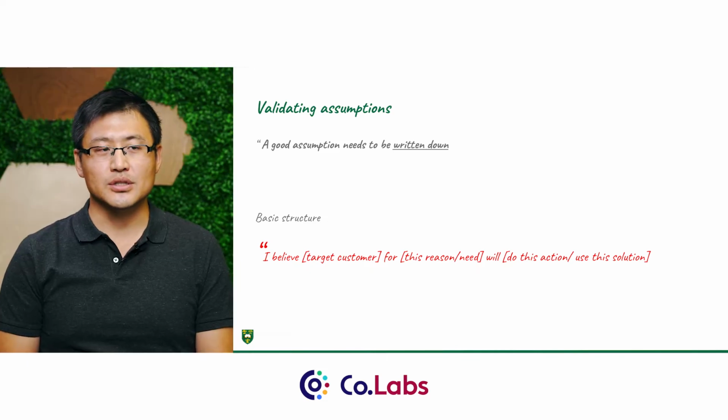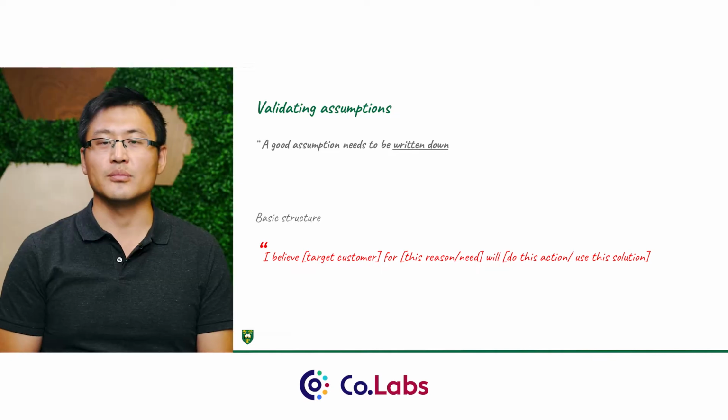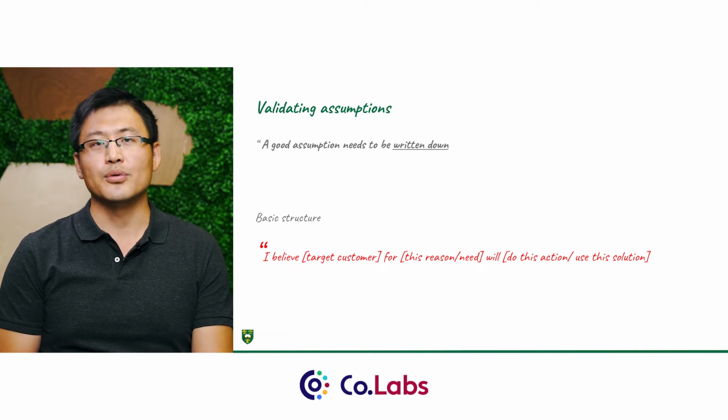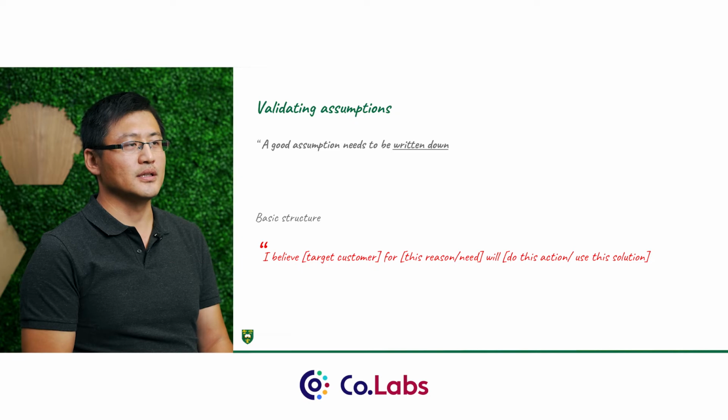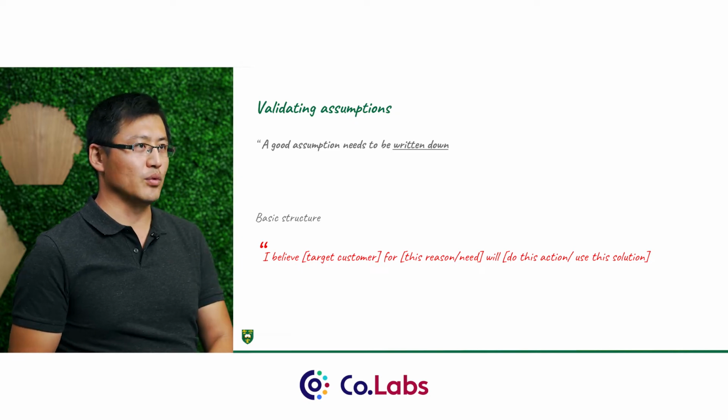So the basic structure of an assumption is: I believe my target customer, for a certain reason and need, will do this action in terms of the solution I want to use. This structure will help you understand all the different factors of who the customers are, what they need, and what they will do about it.